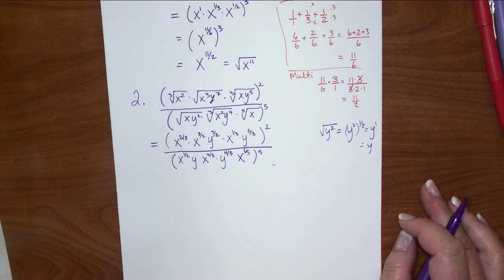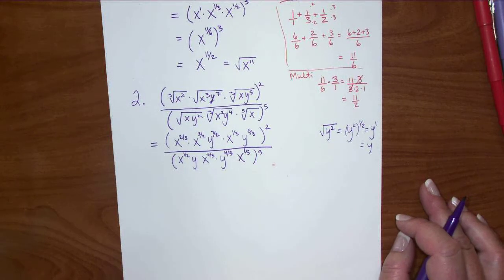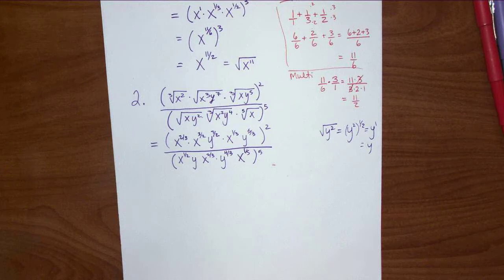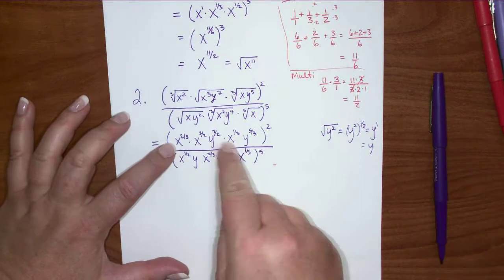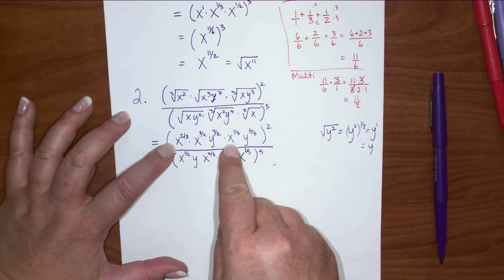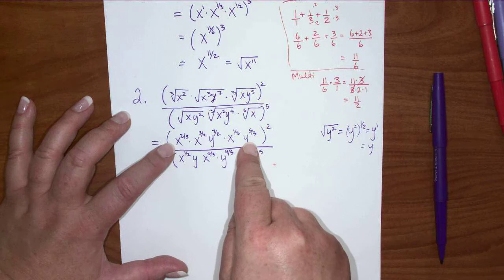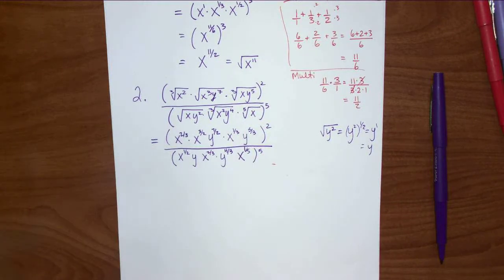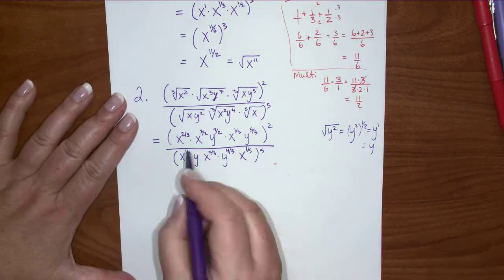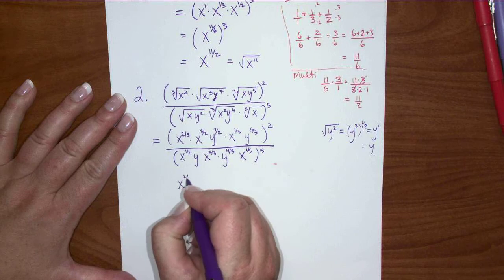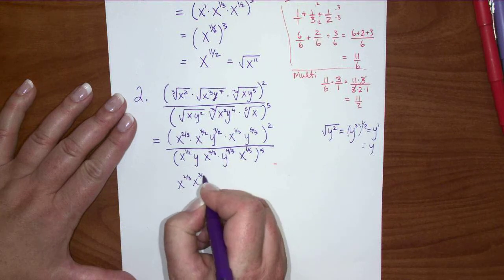Okay, now what? Add what exponents? Which ones do we add together? All the x's, so there's 3 x's. They would all go together, and then the 2 y's would go together, because you have to have the same base to be able to add the exponents. So I'm going to do an extra step that you don't need to do. I'm just going to move them.